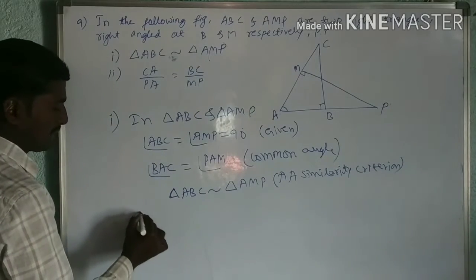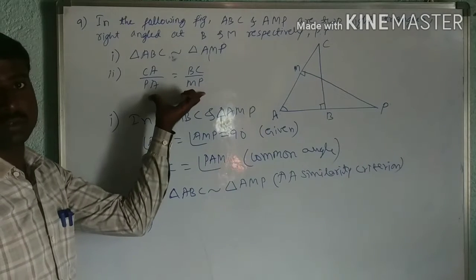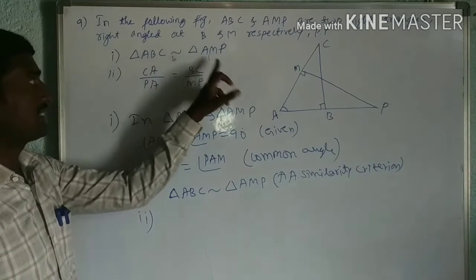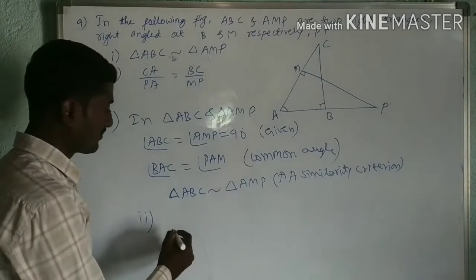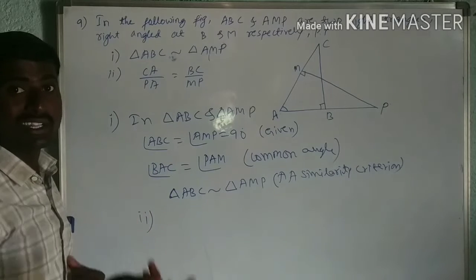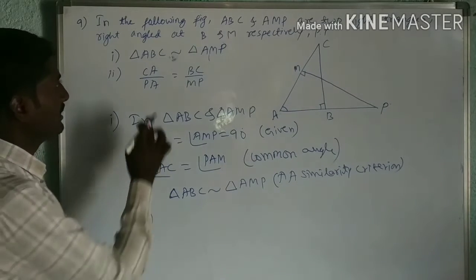Now, the second one in this. These two sides are proportional, and I have to prove it. Already we proved that these two triangles are similar. If two triangles are similar, then their corresponding sides are in proportion, meaning they are in the same ratio.